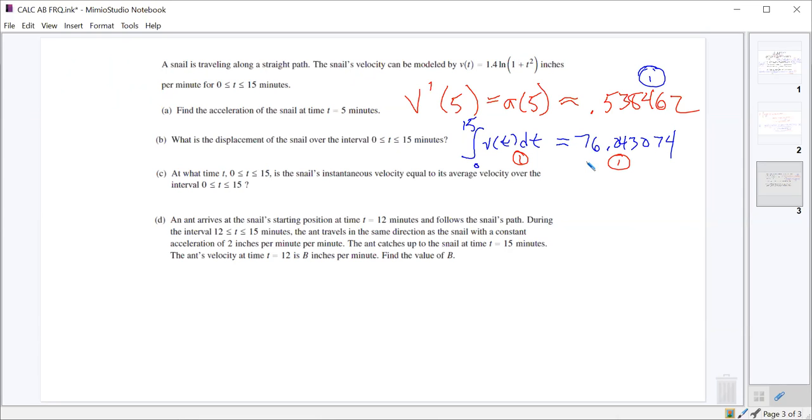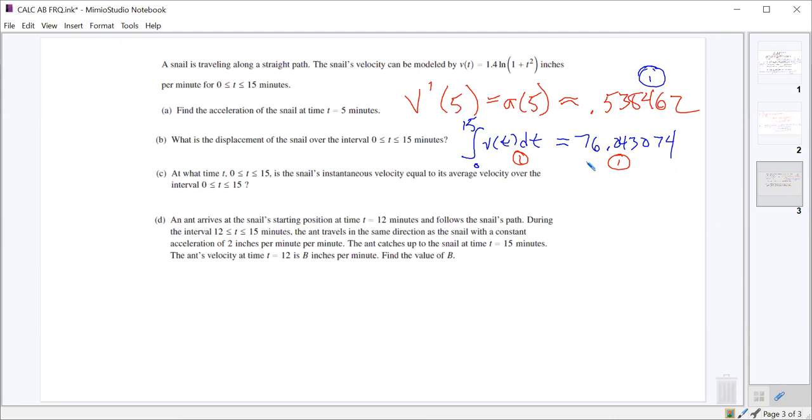I think A and B should have been pretty easy there. I hope. Part C, we want to know when the snail's instantaneous velocity is equal to its average velocity. So first off, we're going to need to figure out what the average velocity of that snail is on those 15 minutes. Minutes? Minutes. Must be minutes. Snails don't move in seconds. I don't think they can do that.